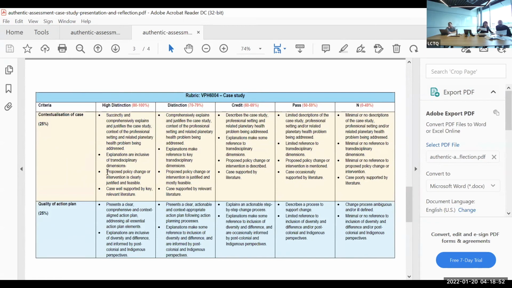If you have something like, proposed policy change is clearly justified and feasible, the feasible seems to be flagging some kind of an ER dimension to this. I mean, look, to me, that says it's looking for an argument about a rationale for the capability, and I don't know that I could code that necessarily based on that datum. Yeah, an individual point of data.